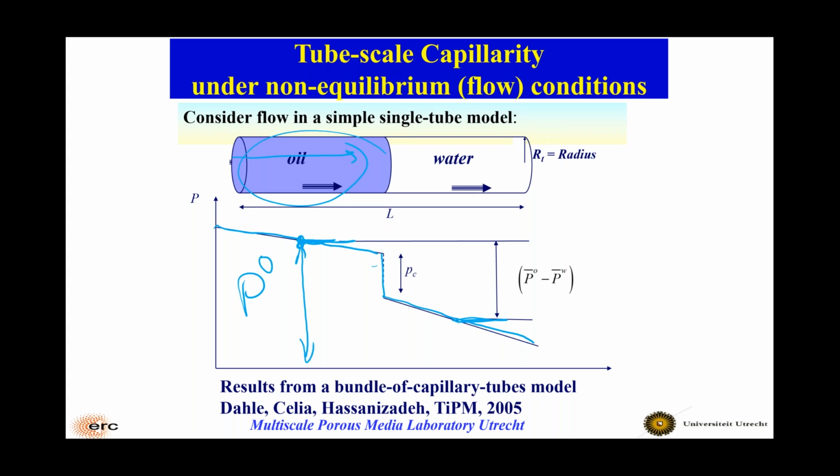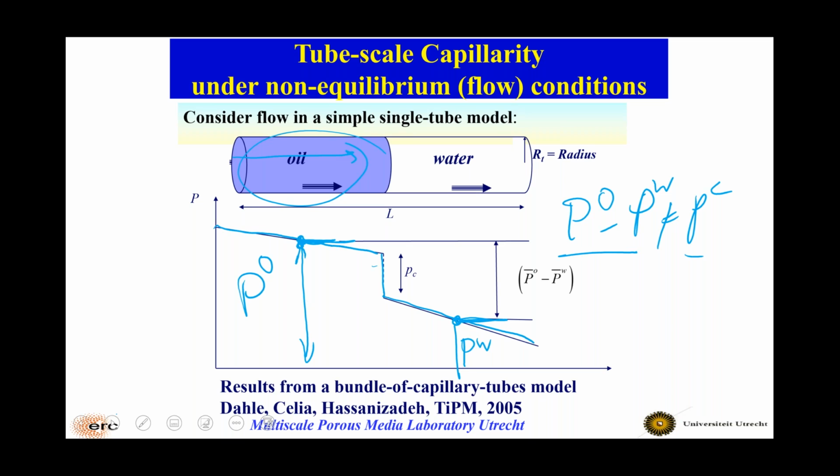And the average water pressure will be somewhere here, P water. Now you can see that P oil minus P water is not equal to Pc. It's actually larger than Pc. This is under drainage conditions. And in fact, if you reverse the process, you will find that the difference between P oil minus P water is smaller than Pc under imbibition conditions.